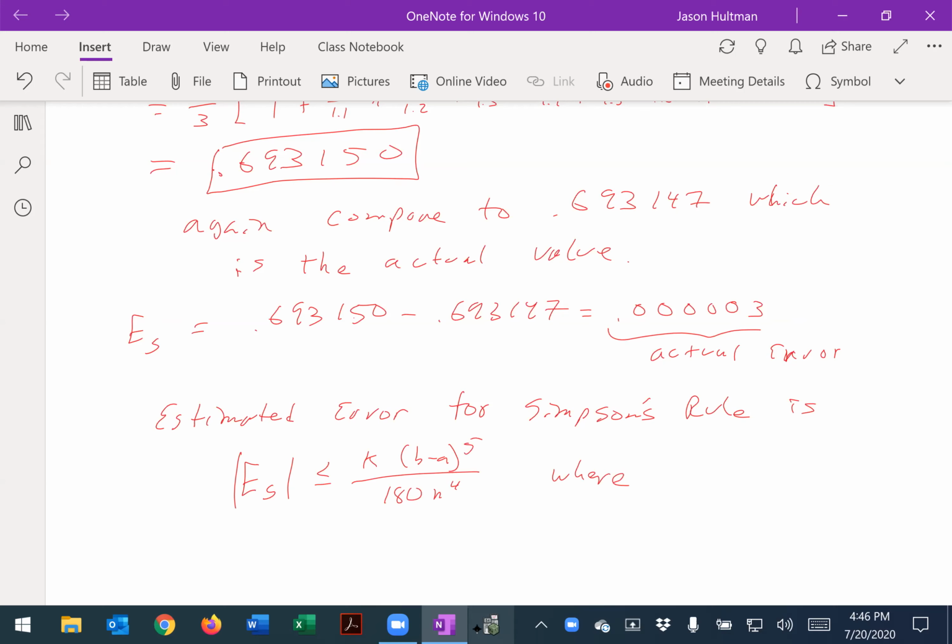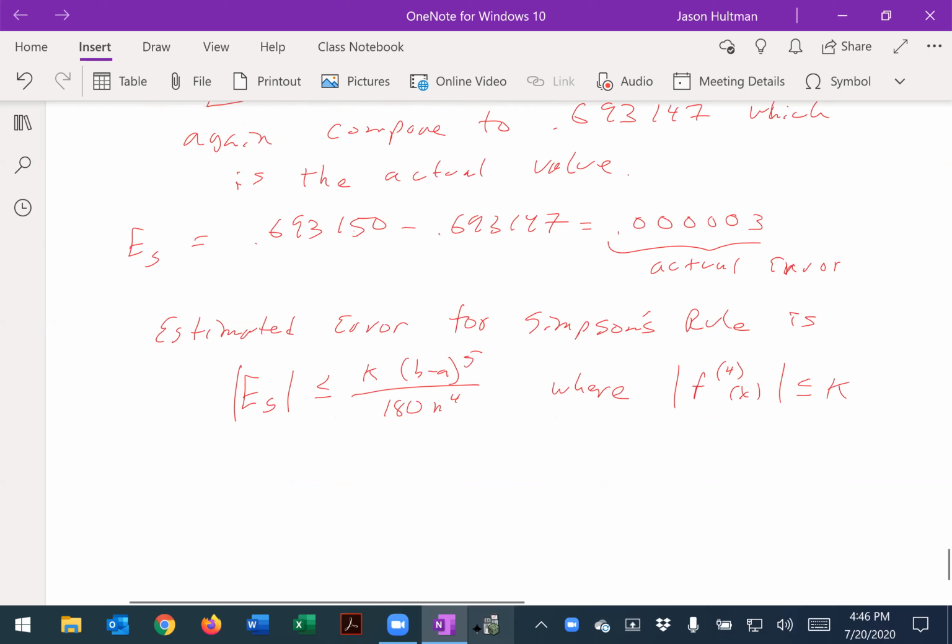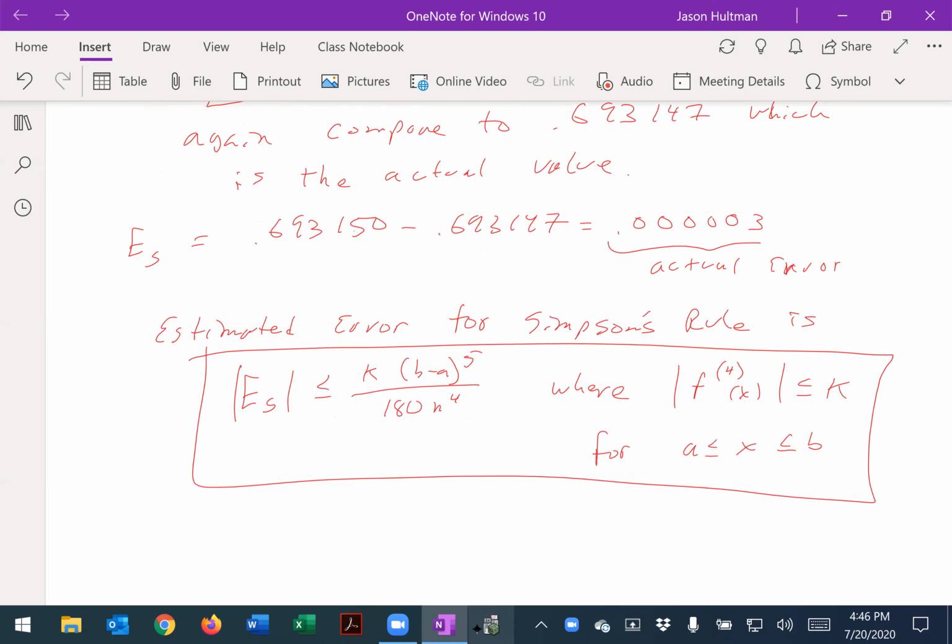We've got to take 4 derivatives this time, where K is the upper bound of the absolute value of the 4th derivative of f of x, for x going from a to b. So that's the error bound, the upper bound on my error.